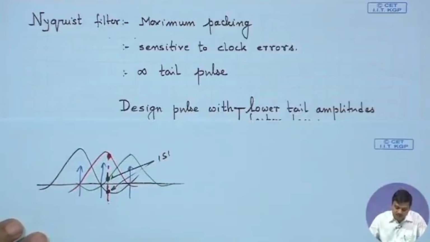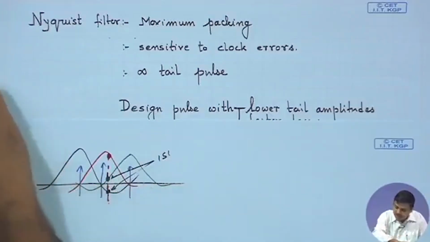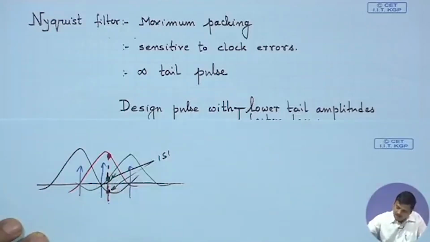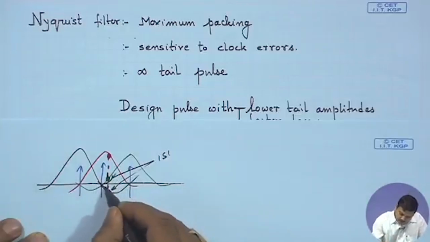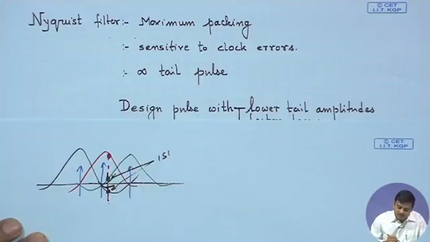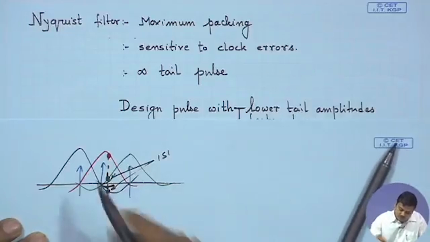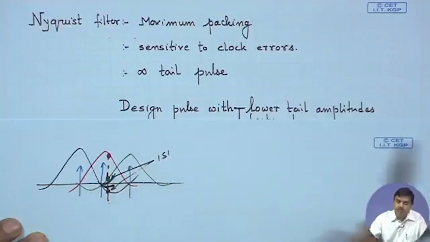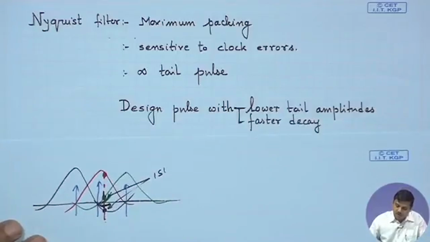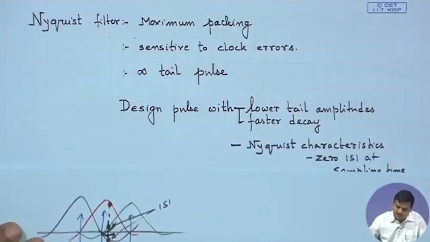If the tail amplitudes are lower, that means if it rises slowly, that means instead of rising there, if the rise would have been like this, if the fall would have been like this, then the amount of interference would have been less, right. We could have produced a lesser amount of interference if the thicker lines would be produced. So, we are looking for pulses with faster decay, so that the tail is not so large.